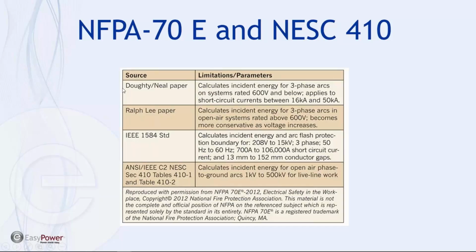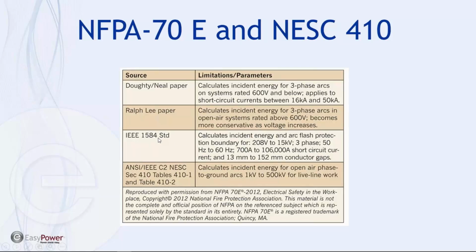But real briefly, they refer to the Doty-Neal paper as incident energy calculations for three-phase systems 600 volts and below, between 16,000 and 15,000 amps. The Ralph Lee paper calculates incident energy for three-phase arcs in open air systems above 600 volts and becomes more conservative as voltage increases.